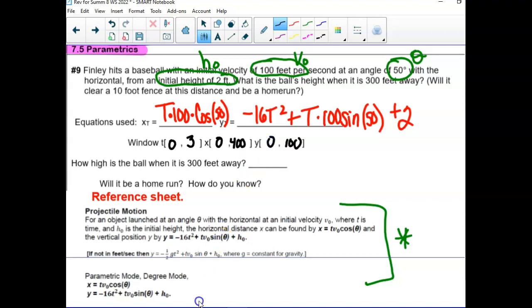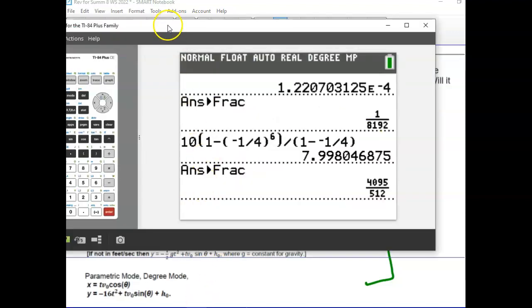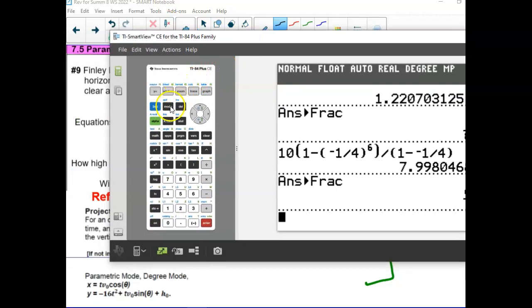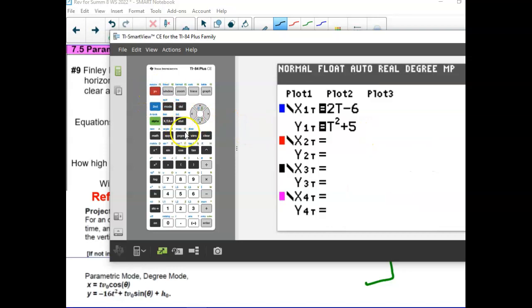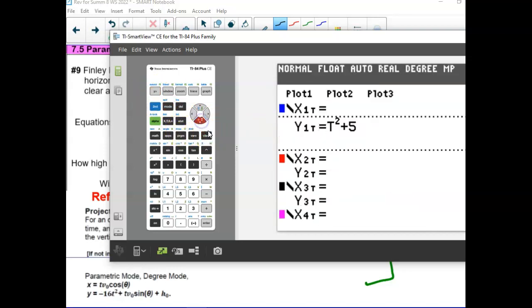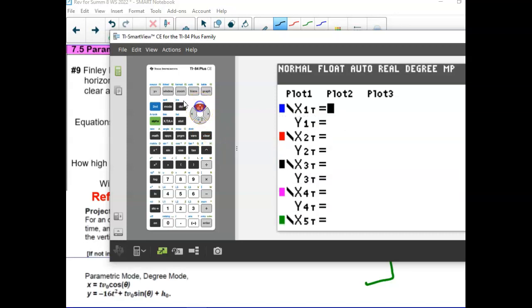All right. So what modes do you have to have your calculator in? Degrees and parametrics. Because it was a 50-degree angle. The 100 was the velocity. And then parametrics, so that when we go to y equals, we're going to put in t times 100 cosine 50.